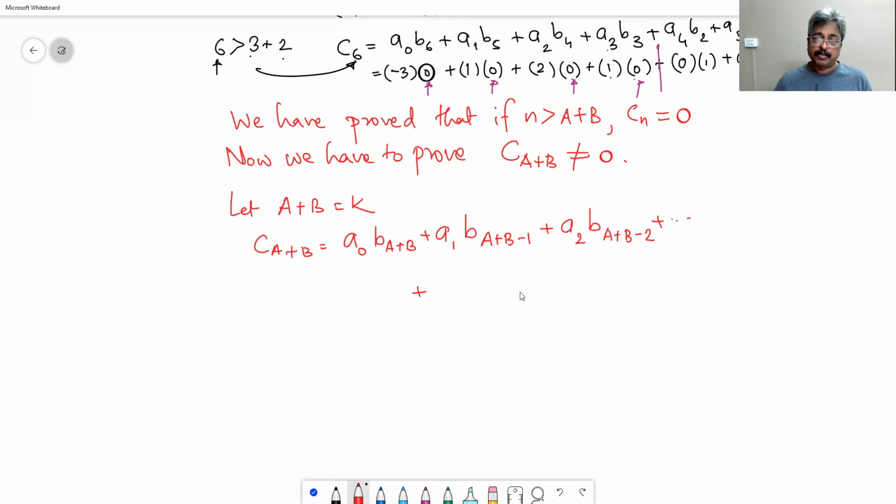Now the important term for us is going to be a_(A+1) b_(A+B minus (A+1)). This is our formula, A plus B minus r, where r is A plus 1. Now if you simplify, A gets cancelled and you get B minus 1. Is it correct? Understood?